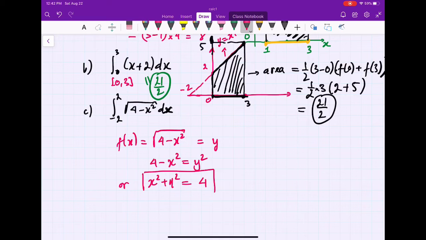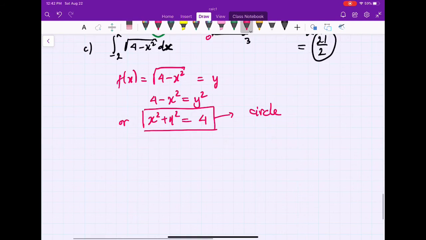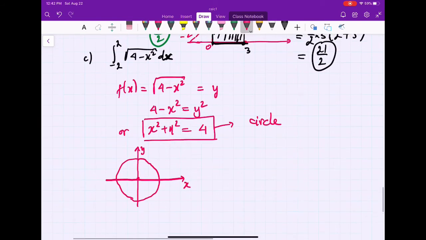So this is nothing but the equation of the circle, right? Centered at the origin and the radius is 2. So I can draw this circle, center at the origin, radius equal to 2 in here. Alright, that is my circle. Not beautiful, but I hope that is okay.